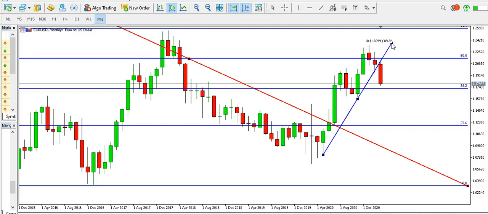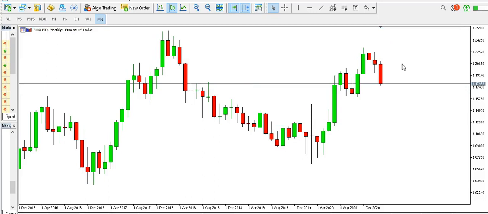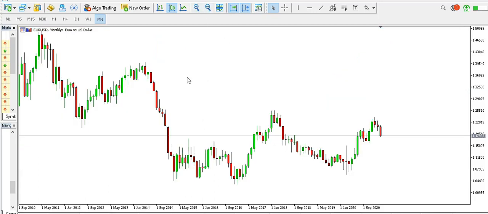Trend line has been broken. Okay, and on this monthly chart, I see that trend line has been broken, but that's not what we are going to work with for now. We are going to work with the Fibonacci tool.